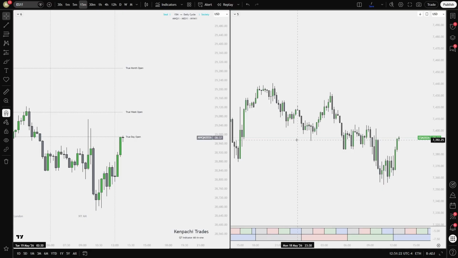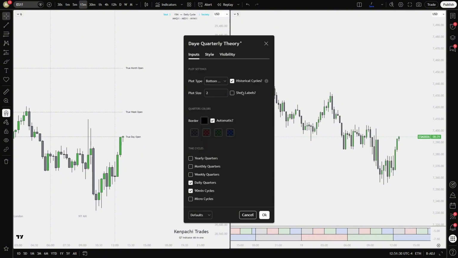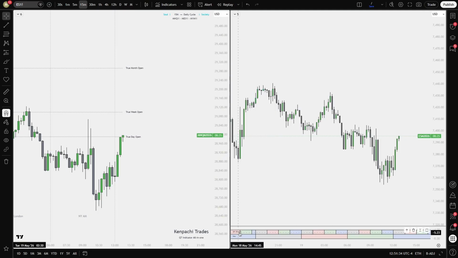The top row of boxes shows the 90-minute cycle. The bottom row shows the larger daily cycles. In the settings, you can enable labels on each box, so you always know exactly which quarter you're looking at. This indicator saves a huge amount of time and keeps your chart clean and organized.